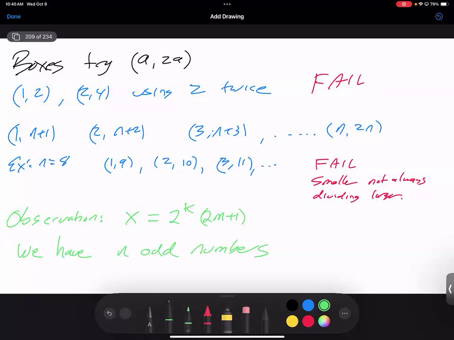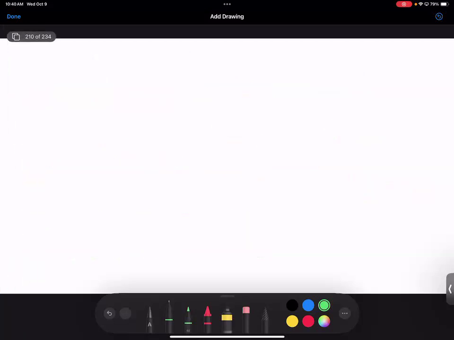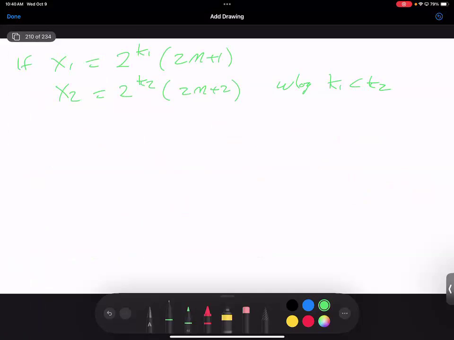I can write any number as 2 to the k times an odd number. Now imagine two numbers have the same odd part. If x1 equals 2 to the k1 times (2m plus 1), and x2 equals 2 to the k2 times (2m plus 1), and without loss of generality, we can assume k1 is less than k2, what can we deduce?